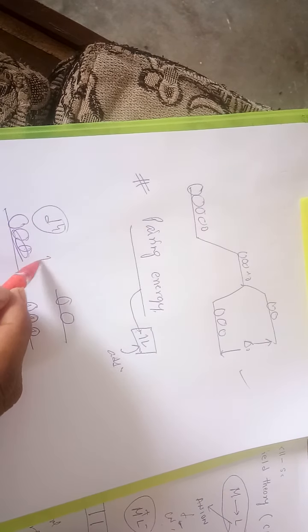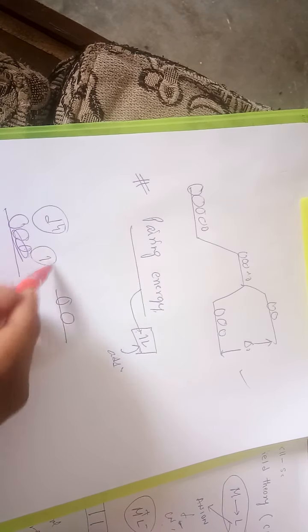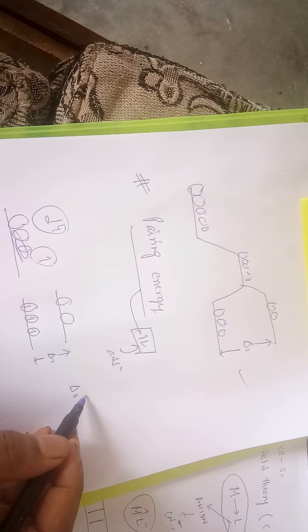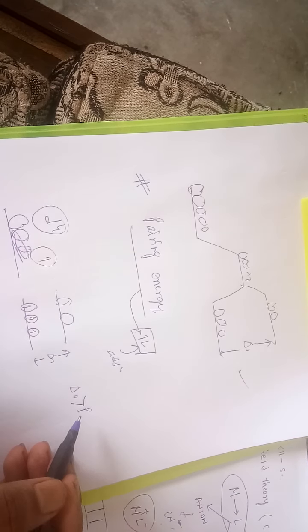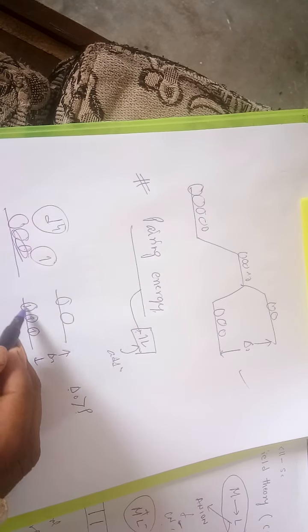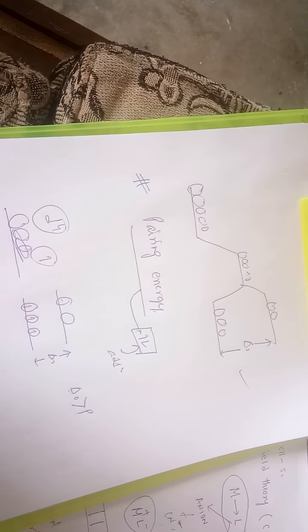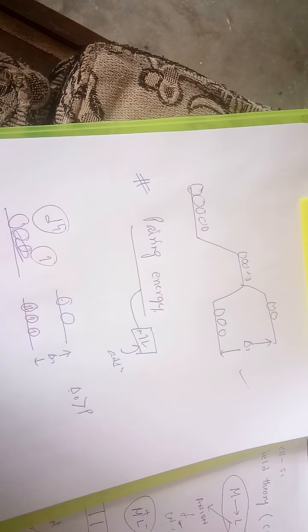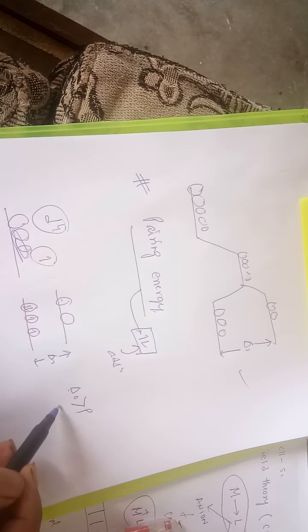Now the question is about the fourth electron. If del O value is more than pairing energy, meaning the energy required to pair up an electron is less compared to the energy required to promote an electron to the higher level, then what happens? Pairing will take place. This is condition 1.